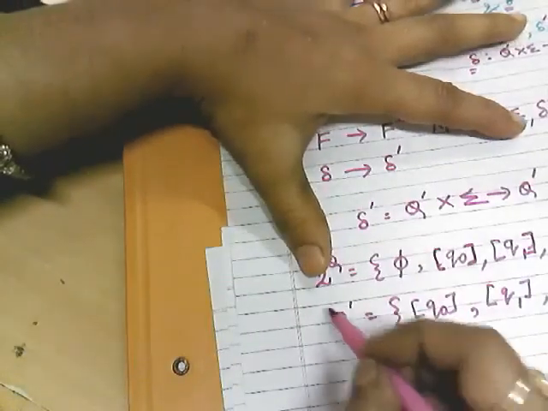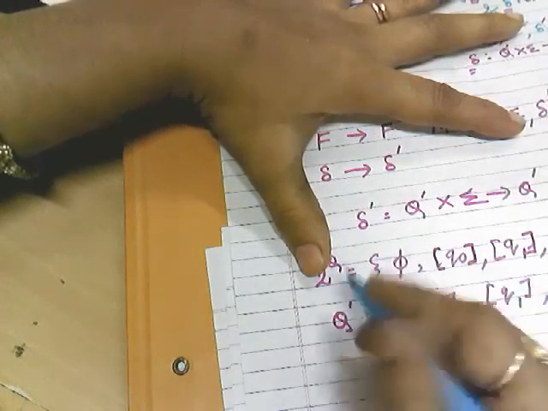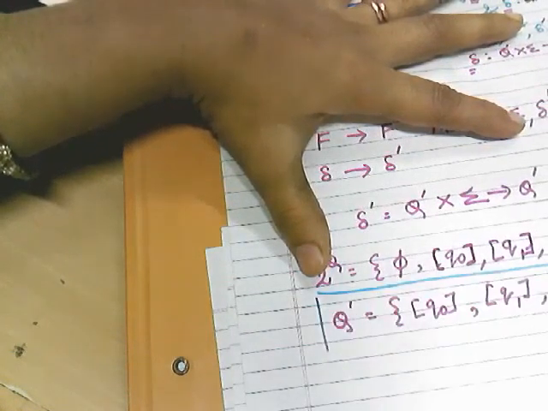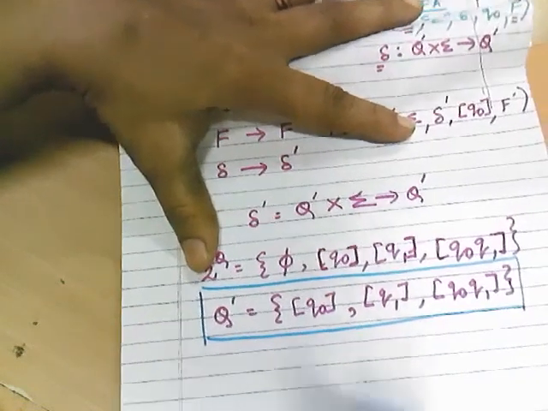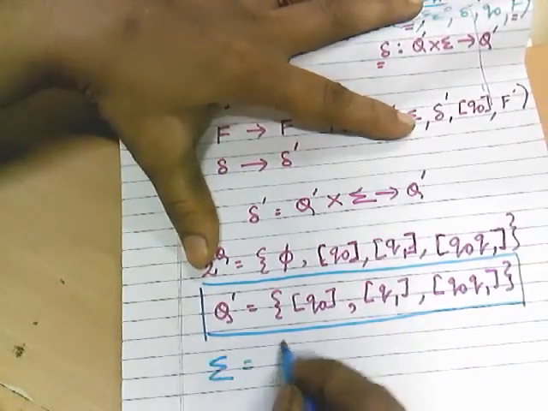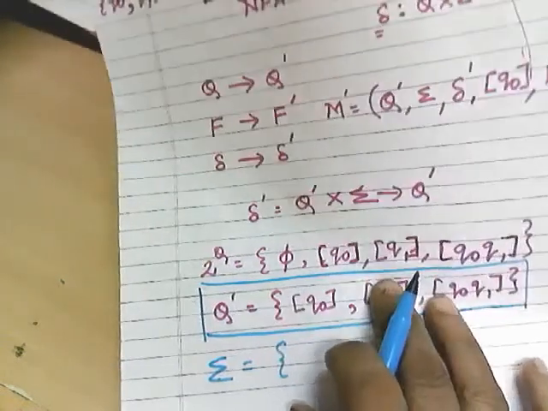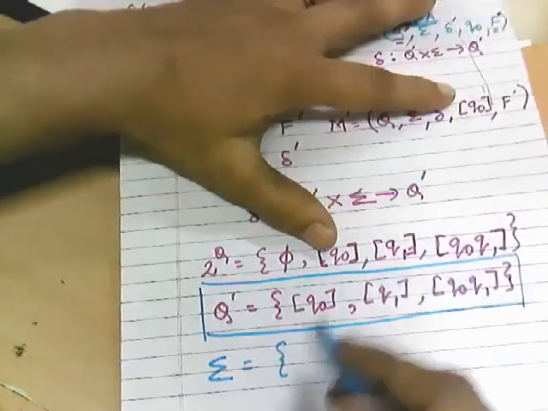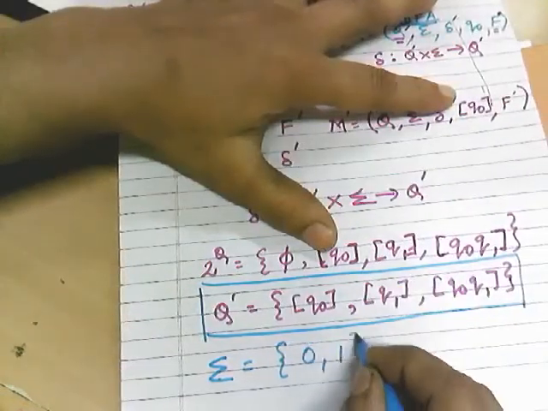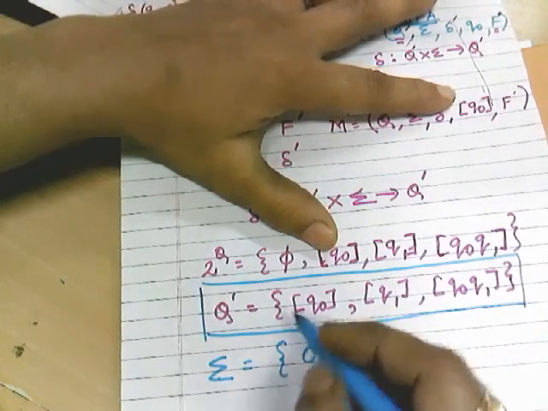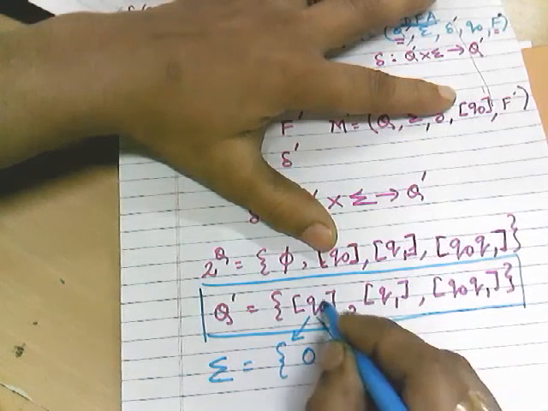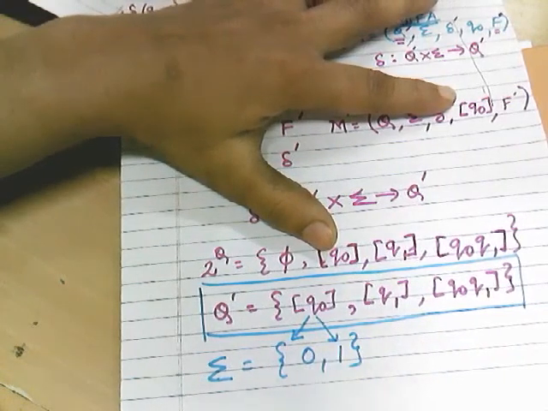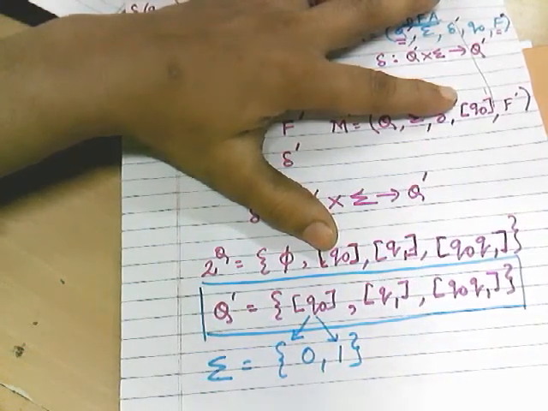Now see, this is your Q'. What is my alphabet, which is given here? It is nothing but 0, 1, right? So I need to get the combination of every state with every alphabet to find out the next transition.